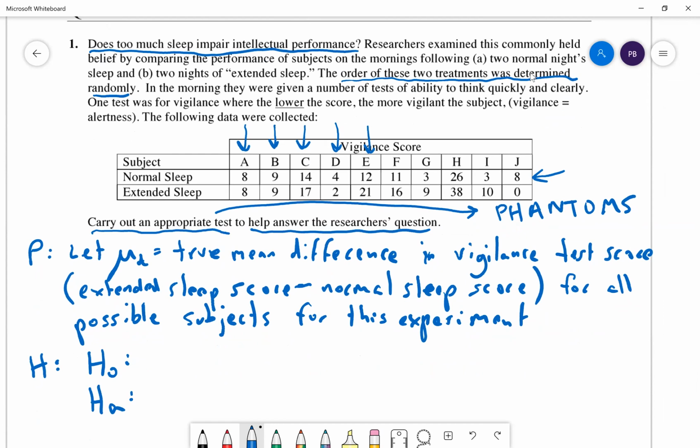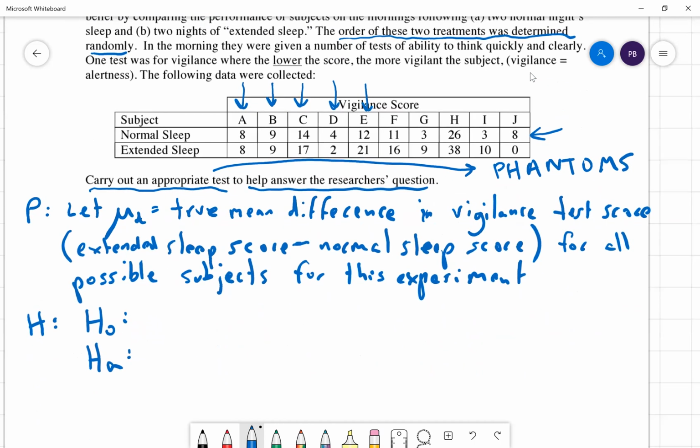So if sleep impairs intellectual performance, we'd actually expect an increase in the score, because it says the lower the score, the more vigilant the subject. So the higher the score, the less vigilant the subject. So what we're really looking for here is that this difference here is greater than 0.